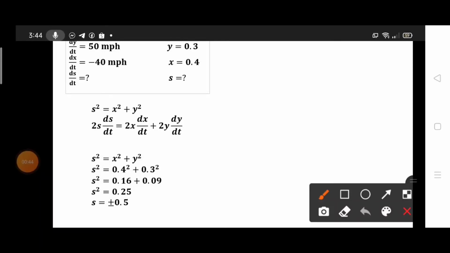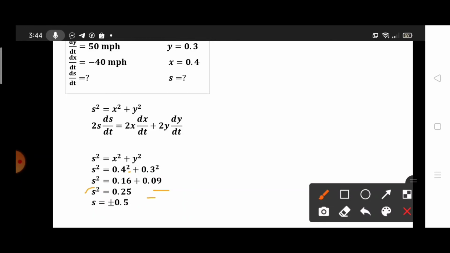So s squared equals x squared plus y squared, which is 0.4 squared plus 0.3 squared. 0.4 squared is 0.16, and 0.3 squared is 0.09, and 0.16 plus 0.09 equals 0.25. Taking the square root of both sides, s equals plus or minus 0.5. We can reject the negative answer because obviously s has a positive length.